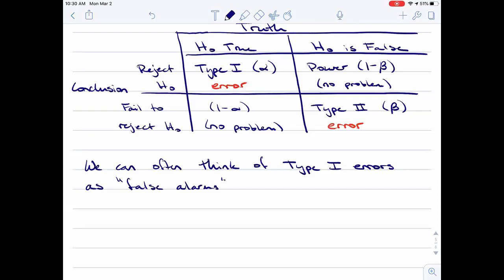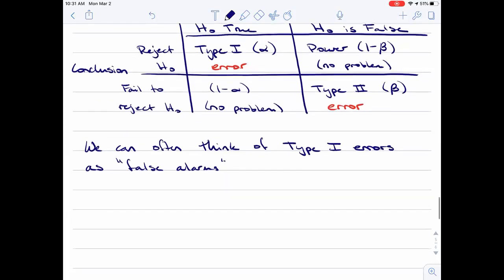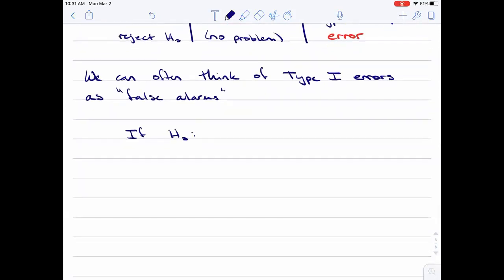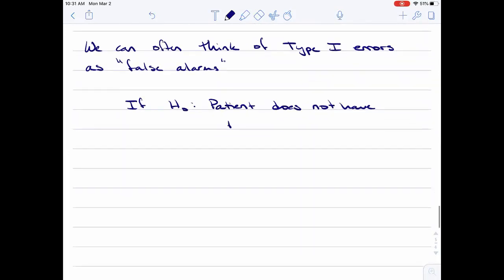Okay, let me write that down. So if H naught is patient does not have the disease, only because your null hypothesis should always be the one of no change, right?